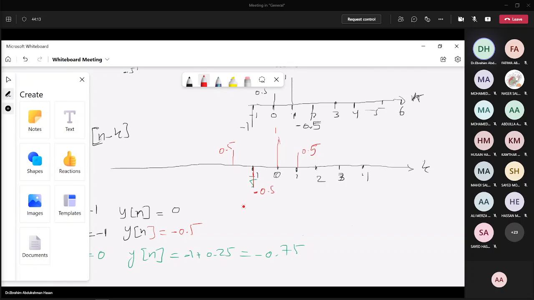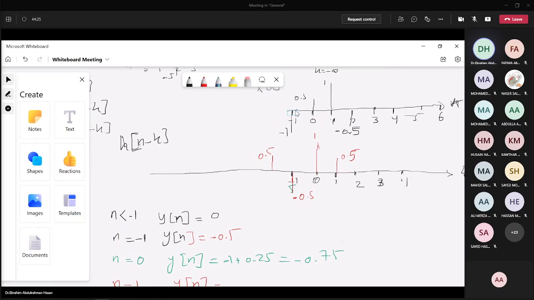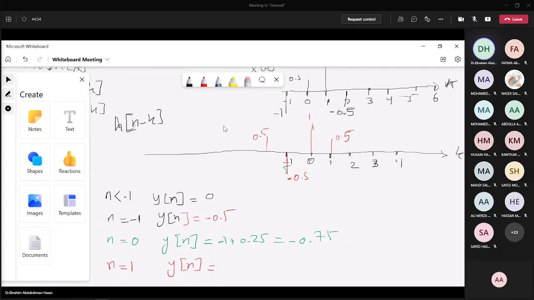Okay, again now at n equal to 1. So then y of n equal to... multiply the two with each other. So this one is multiplied by 0, but here we have minus 0.5 multiplied by minus 1. So then it is 0.5.